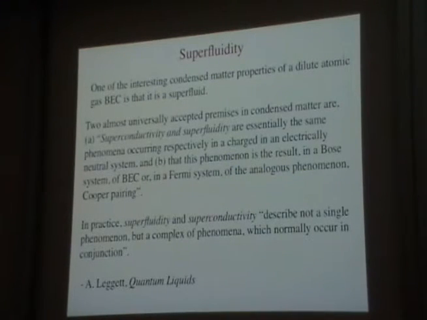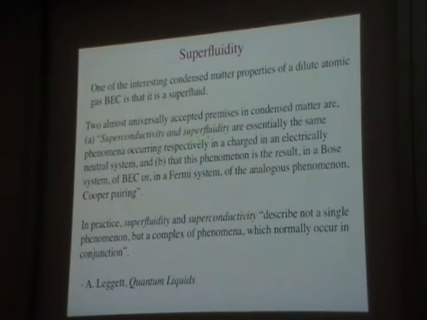One of the interesting things about a Bose-Einstein condensate, as I mentioned, is that it's a superfluid. So let me briefly remind you about some concepts of superfluidity. If you look in Leggett's book on quantum liquids, early on in the introductory chapter, he mentions that there are basically two universally accepted premises about superfluidity.